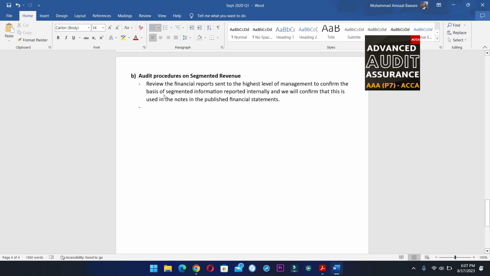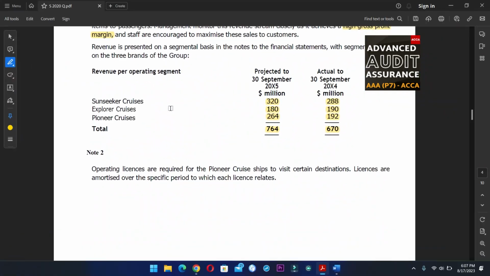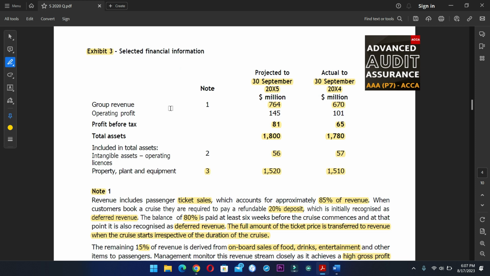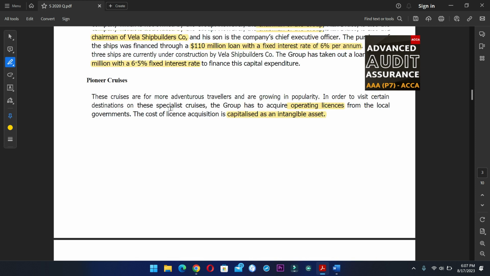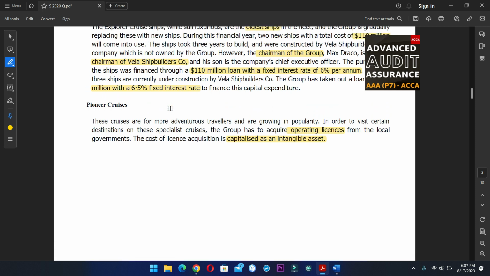Now what else can you think of? You need to brainstorm yourself. Well, we were given a point over here. Let me scroll. The chairman is Max Draco and his son is the company's chief executive officer, right?